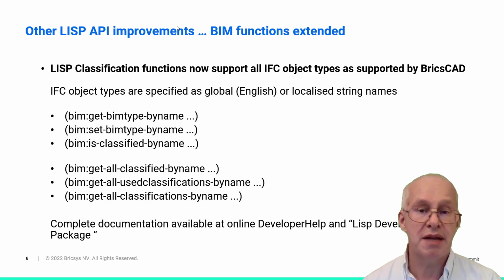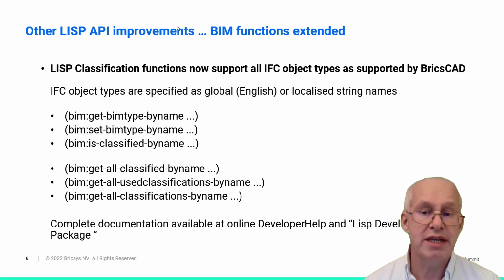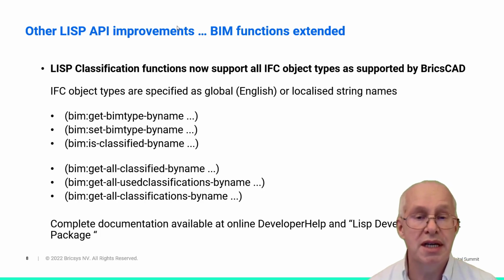Besides the BIM type classification based on predefined enumerations, a new function set allows classification based on the type string name. This significantly extends the capabilities, namely to use all supported IFC object types. The new function set supports all typical query and edit and assignment functions.